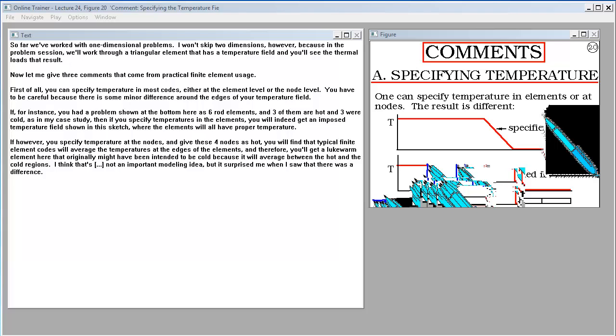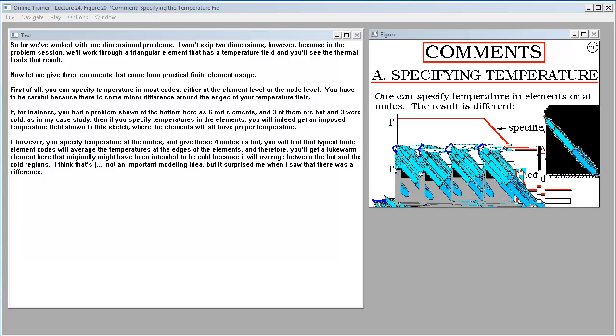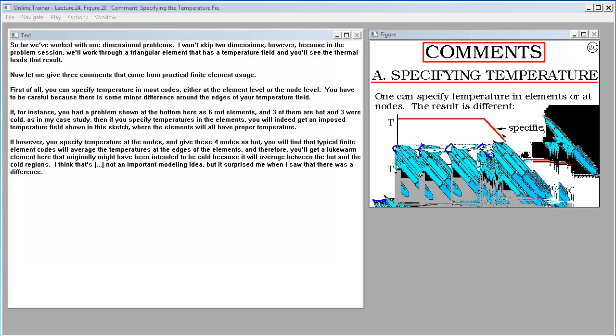If, however, you specify temperature at the nodes and give these 4 nodes as hot, you will find that typical finite element codes will average the temperatures at the edges of the elements, and therefore you'll get a lukewarm element here that originally might have been intended to be cold, because it will average between the hot and the cold regions. I think that's not an important modeling idea, but it surprised me when I saw that there was a difference.